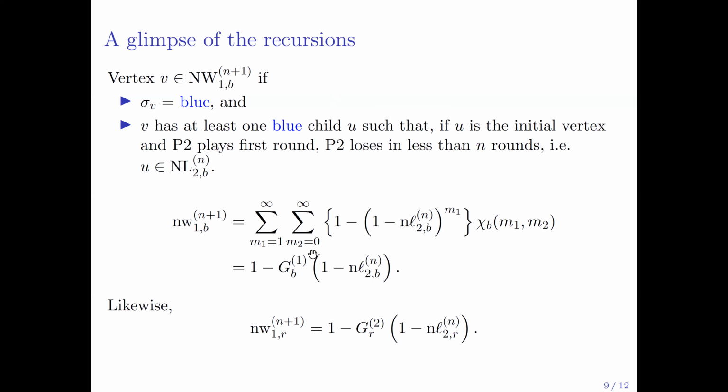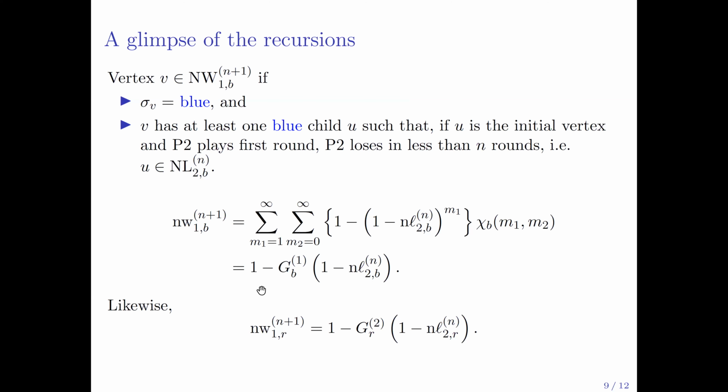In the summation you see here, M1 indicates the number of blue children of V, M2 indicates the number of red children of V. Why this sum starts from 1 is that if V does not have any blue child, then P1, who plays the first round, will lose the game. So that's why this must start from 1.